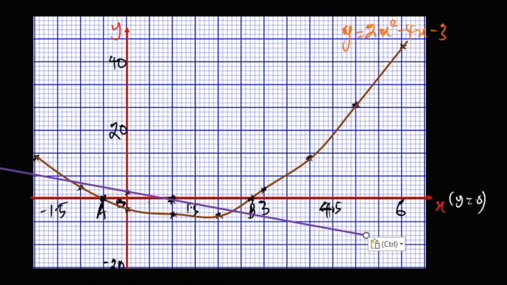That's the line. So let's label it. Let's move it down a little. So the line is y equals minus 2x plus 2.